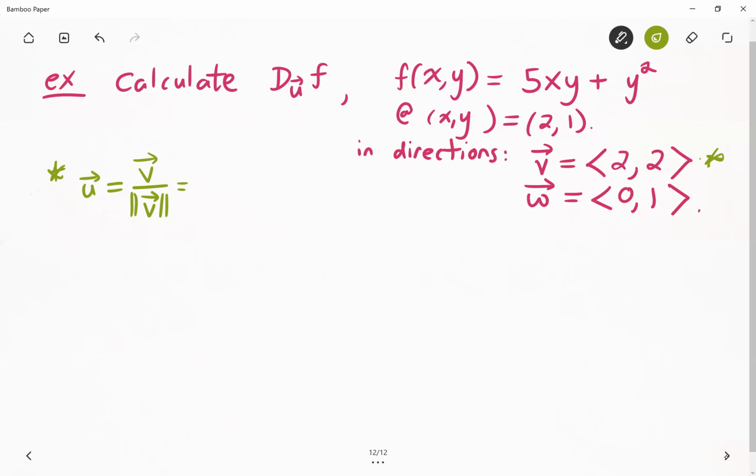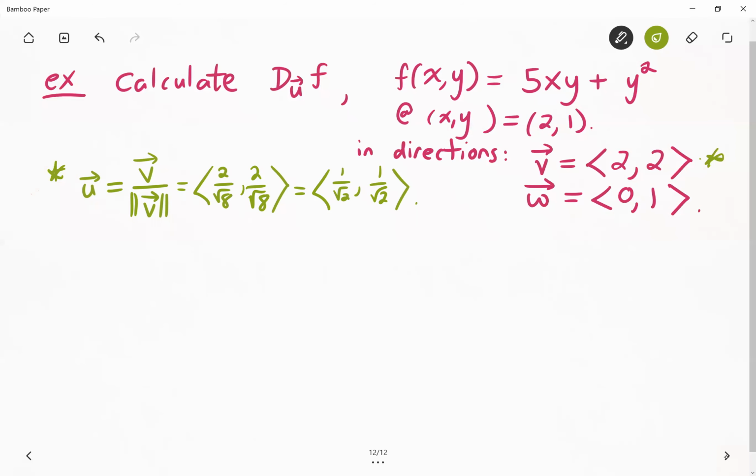The length of this vector is, 2 squared plus 2 squared, that's 8, so we're going to have square root of 8. So this is going to be 2 over radical 8, 2 over radical 8. Radical 8, of course, is 2 rad 2, so if you wanted to, you could simplify this a bit more. It's 1 over rad 2, 1 over rad 2.